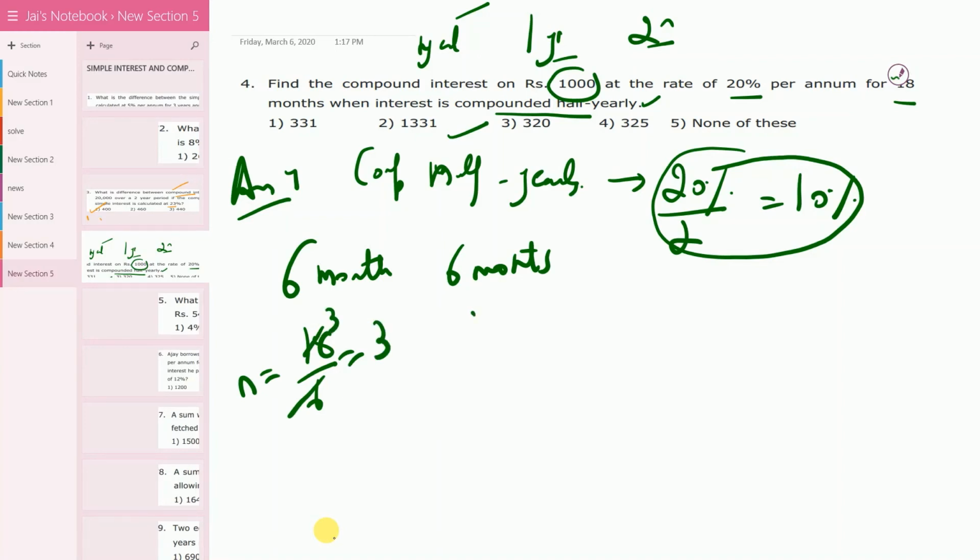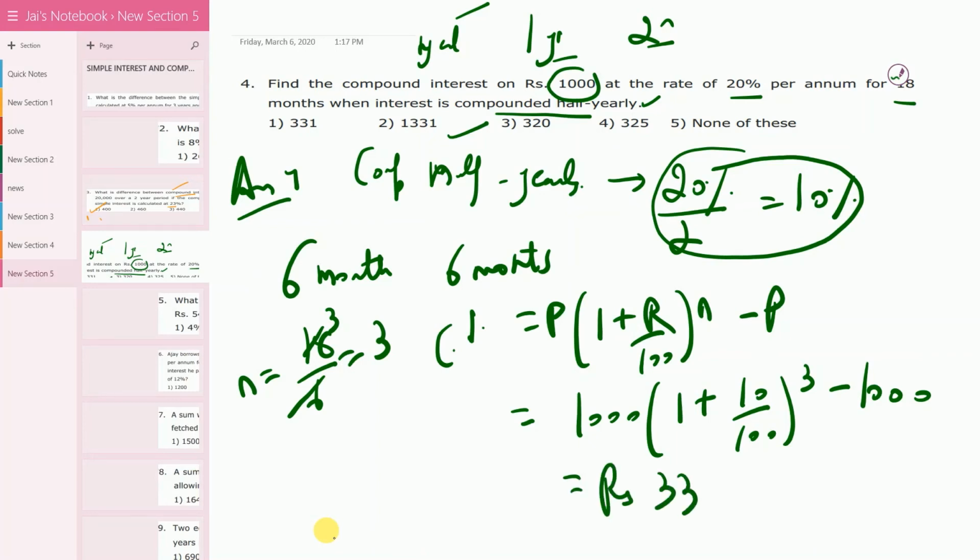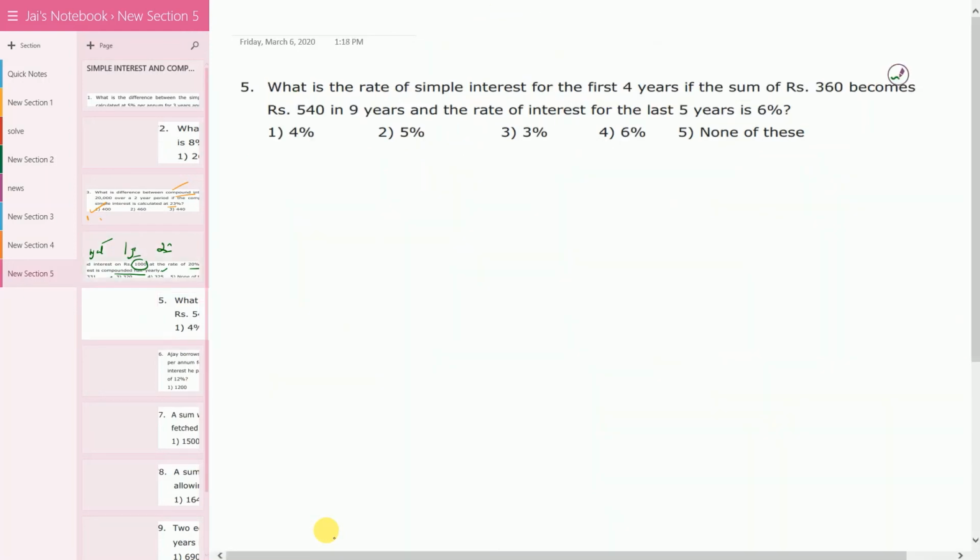Now calculating the value of compound interest, it is nothing but P into 1 plus R by 100 raised to the power n, minus P. So the value of principal is 1,000, 1 plus R by 100 raised to the power 3, minus 1,000. After calculating all the values, the result comes out to be rupees 331. So the option is the correct answer to the given question. Coming on to the next question.